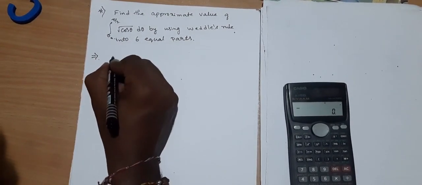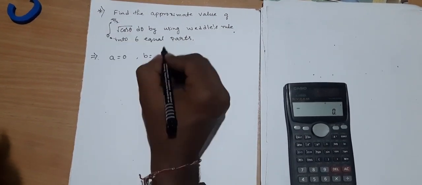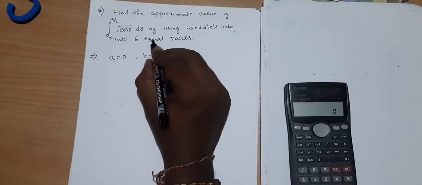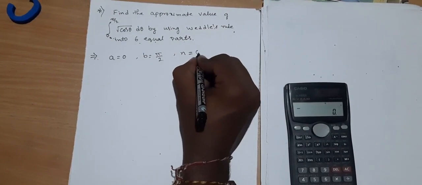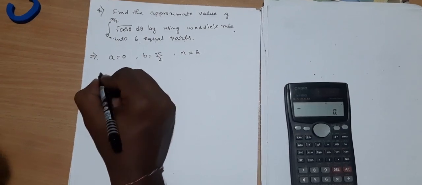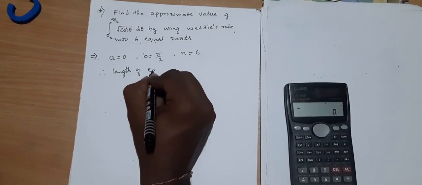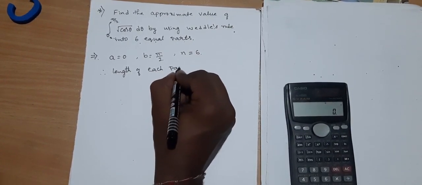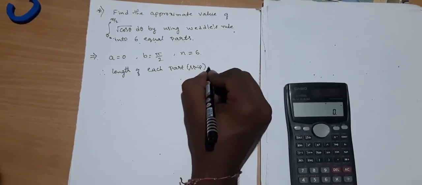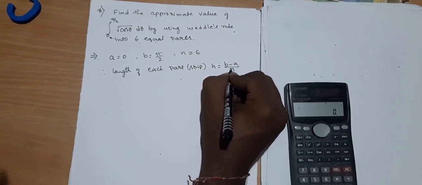So what is a here? A is 0, b is pi by 2, and what is n? N equals 6 equal parts here, so n equals 6. Therefore the length of each part or strip, h equals b minus a divided by n.